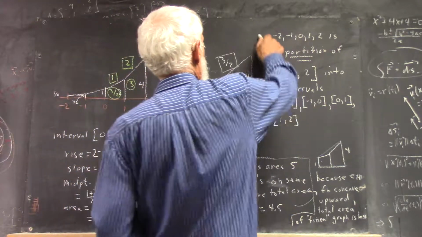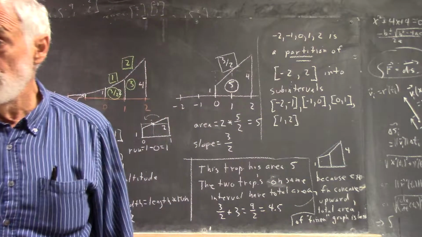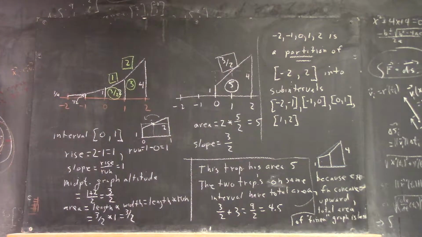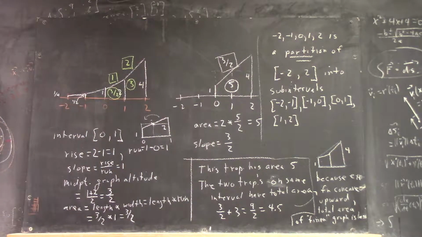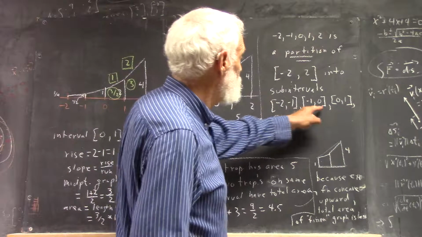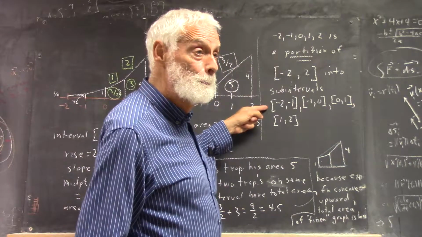And I'll observe, is there an overlap between these sub-intervals? Actually, there is. Where do they overlap? They overlap at all these endpoints here, except this one and this one.